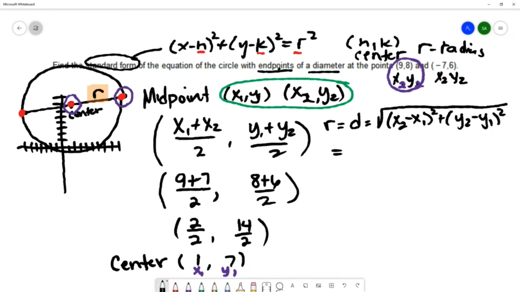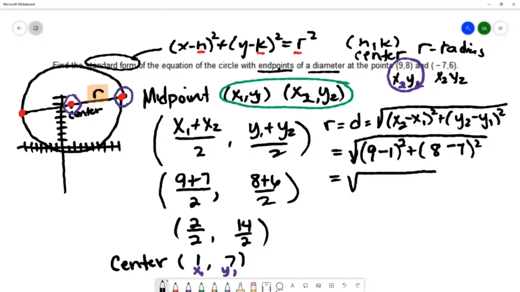So we're going to have the square root of x2, which is 9, minus x1, which is 1, squared, plus y2, which is 8, minus y1, which is 7, squared.